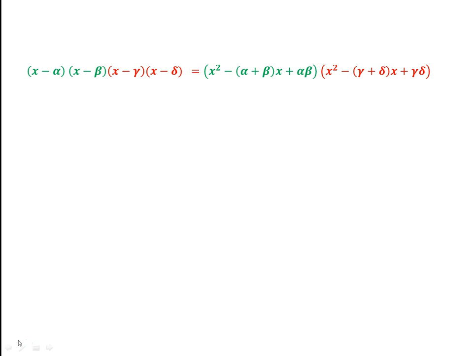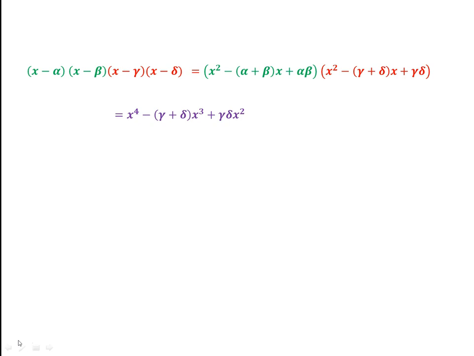Now we need to multiply out these two large brackets on the right hand side. So, first of all, if we multiply the x squared in the first bracket by the second bracket, we're going to get x to the 4 minus (gamma plus delta) times x cubed plus gamma delta times x squared.